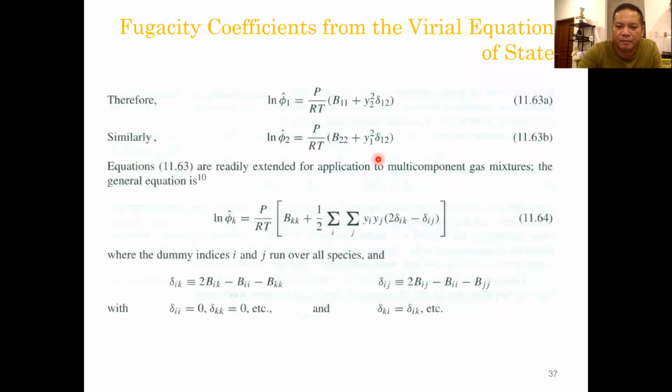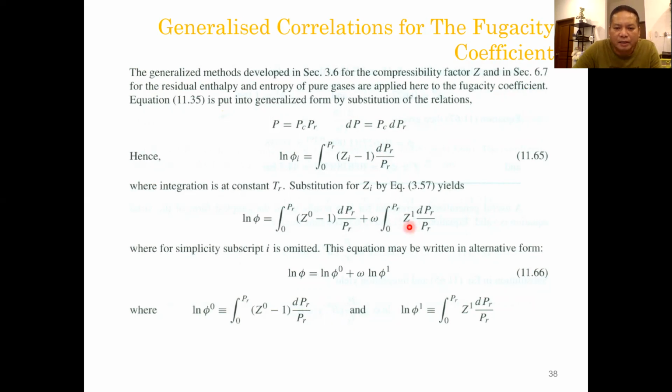Then we got this equation here, and then we integrate it into Z. So we got it in this form here. This is the first. We can write it in this form. This is related to that, and this is related to that. We can write it in that form.